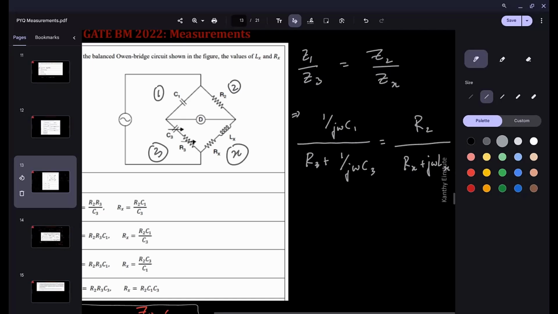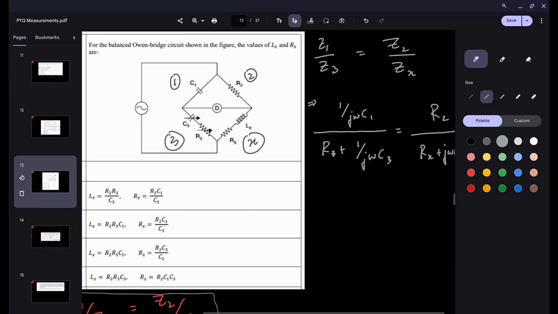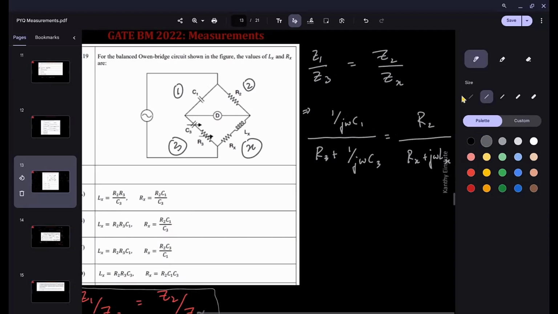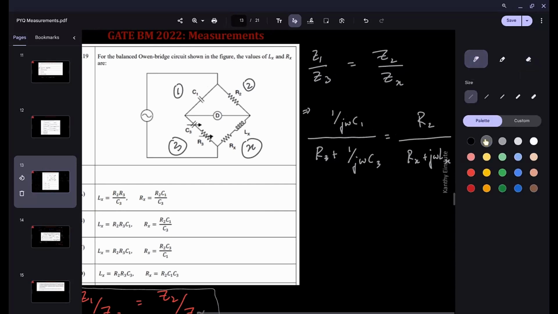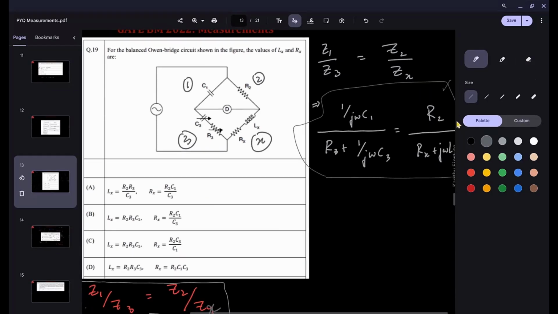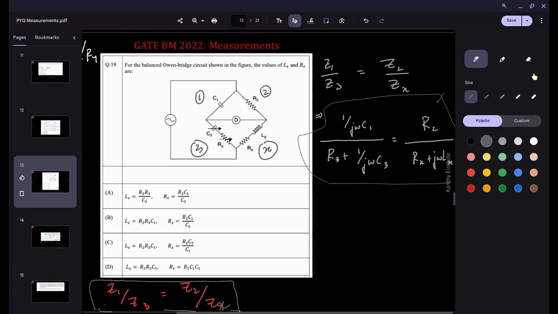Can I try to quickly find out which of the four options? There are two equations there in the balance condition. Can you pick out the option? See, notice you get two conditions, equation 1 and equation 2. So from the two equations, you will get two conditions. What is the balance condition? Can you try to pick out the option here? I'll give you 2 minutes.